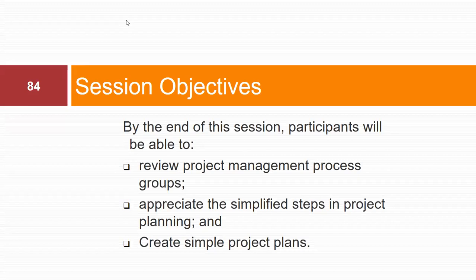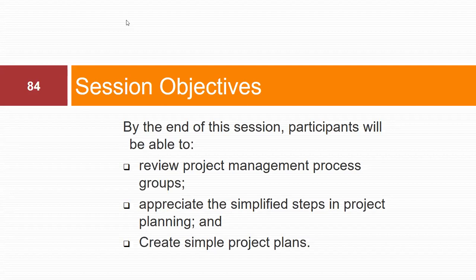Okay, can we name them? Can we name the 5 process groups? I agree with you, we have 5 process groups. Can we name them? If you want to unmute, please feel free. Can we quickly name them? Yeah. Are you with me? Yes, we are with you.